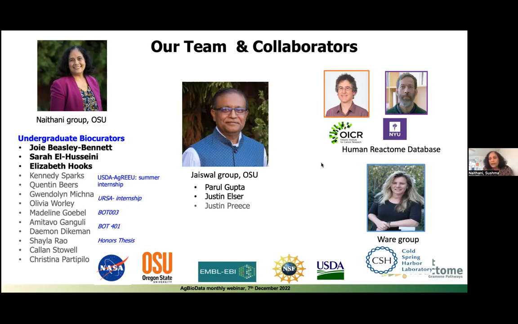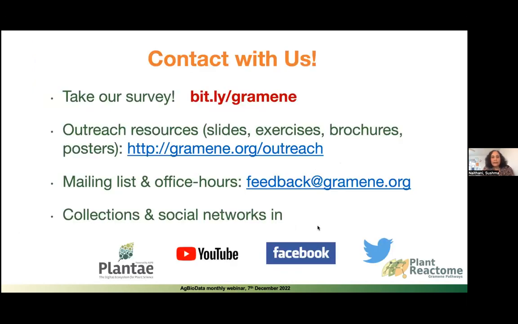I would also like to acknowledge the Human Reactome Database team for their support and for the review of Plant Reactome pathways. So Human Reactome is our big collaborator, but as I listed in our first slide, we collaborate with almost all public databases. We are very thankful to our users and collaborators.